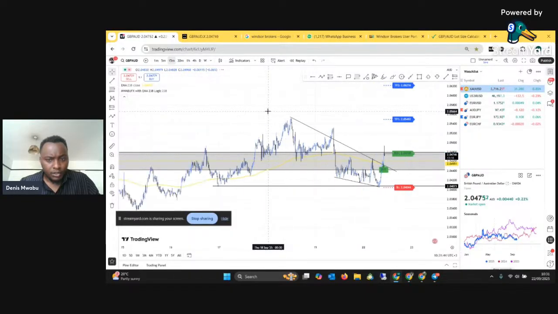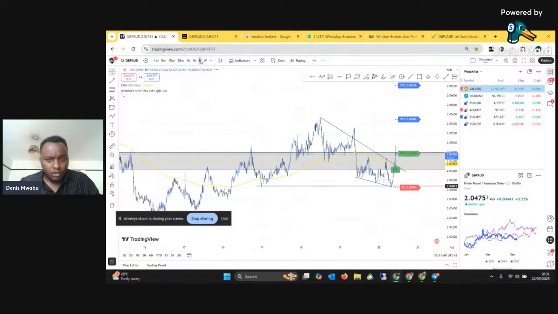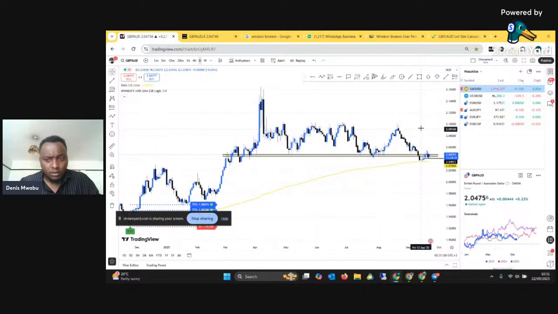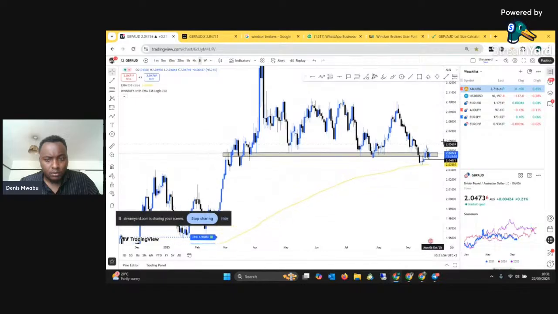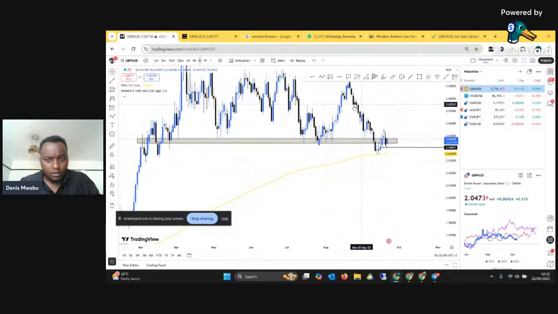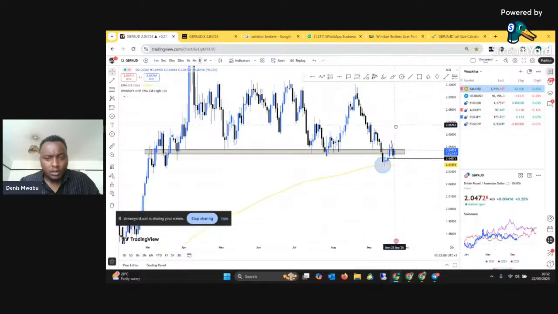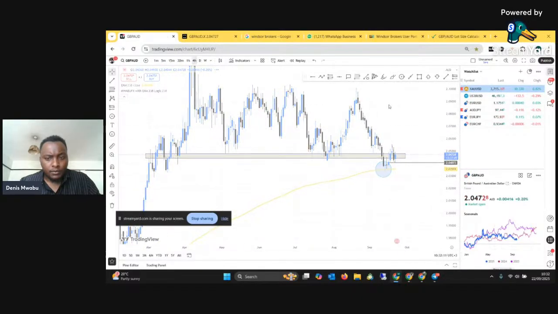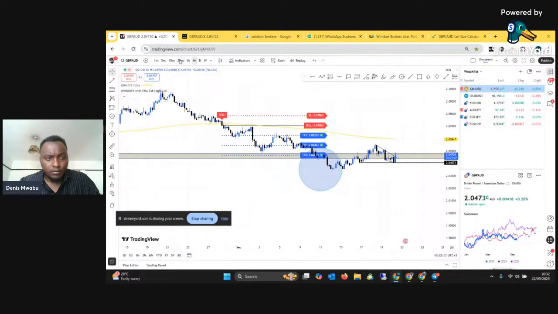So this is our trade here on GBP AUD. It tapped into our daily 238 zone. I'm just reconfirming the trade idea I set up for our time frame.